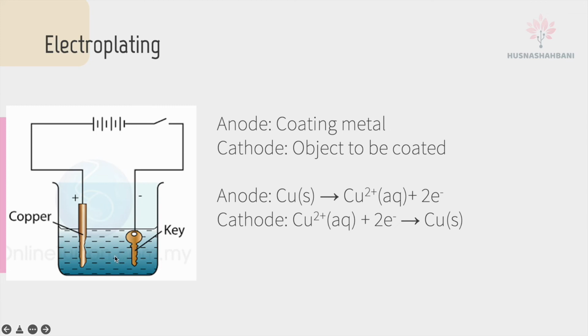The Cu2+ will become Cu metal, Cu solid. The Cu solid will be deposited around the key. That's what will happen at the cathode: gain electrons, and the product is Cu solid.